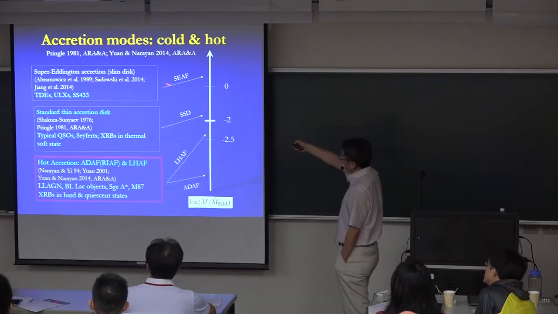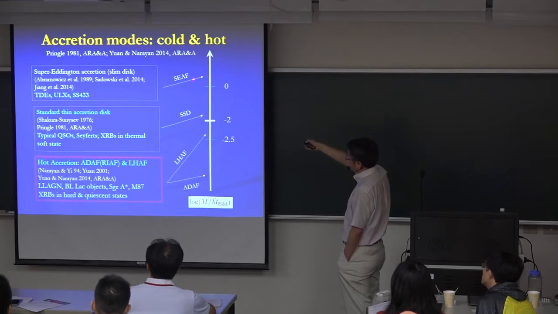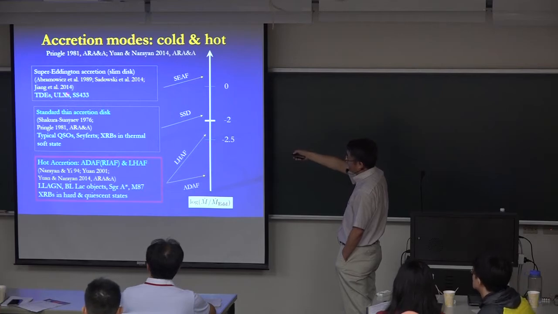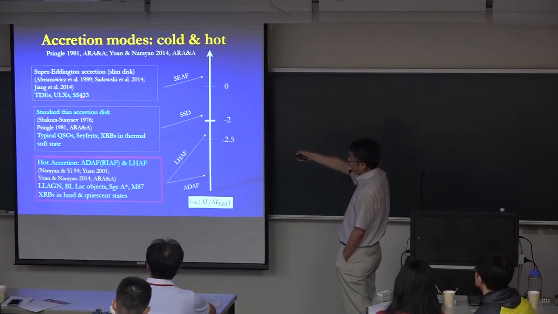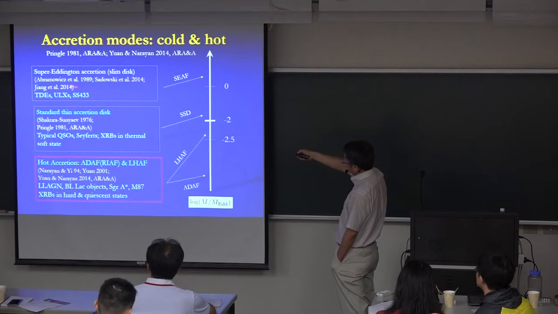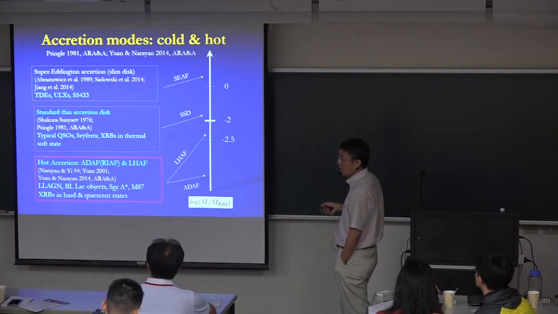So this is super-Eddington accretion. Typically, for tidal disruption events, ultra-luminous X-ray sources, and also a very famous X-ray binary, SS433, people usually think they are within the regime of super-Eddington accretion.